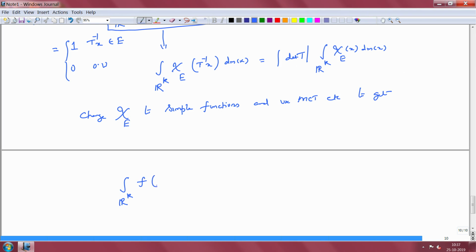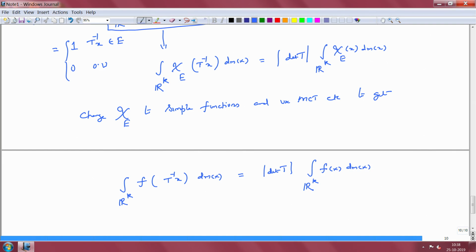Chi E becomes a simple function s, and s becomes a measurable function f. So the integral over R^k of f of T inverse x dm(x) equals the modulus of the determinant of T times the integral over R^k of f of x dm(x).